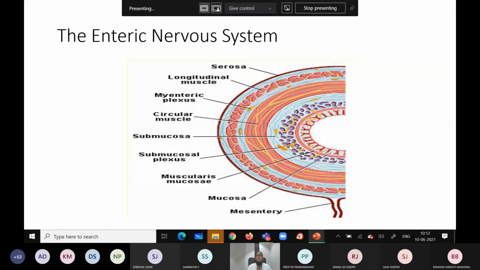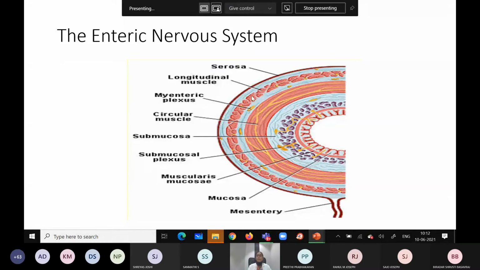So what it has is the submucosal plexus or Meissner's plexus. These are the submucosal plexus. They are in between the inner longitudinal muscular layer and submucosa, so they are in the submucosal layer. And we have one more plexus, that is myenteric plexus. These are the myenteric plexus.